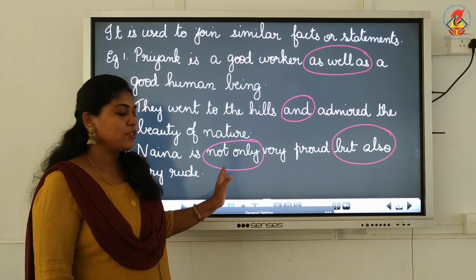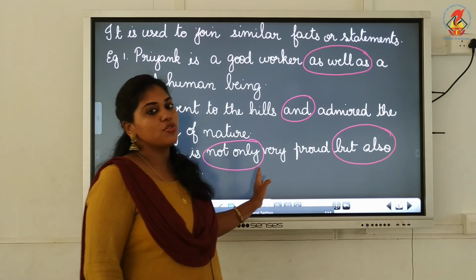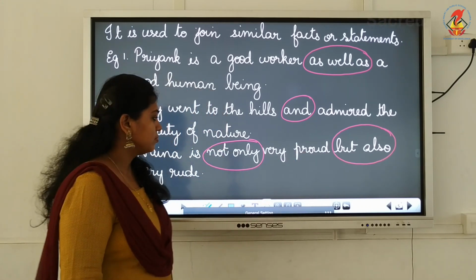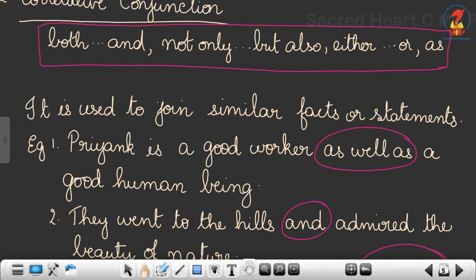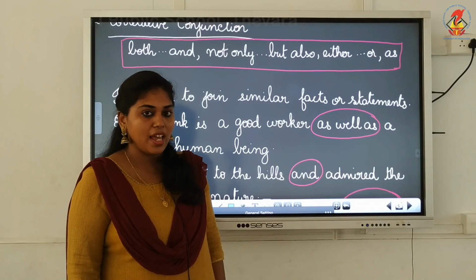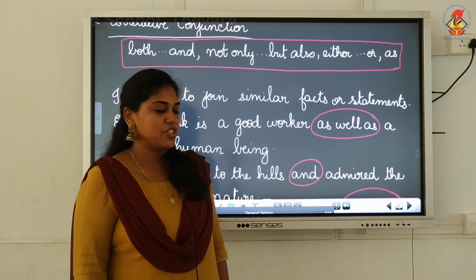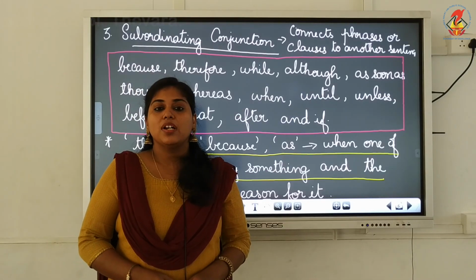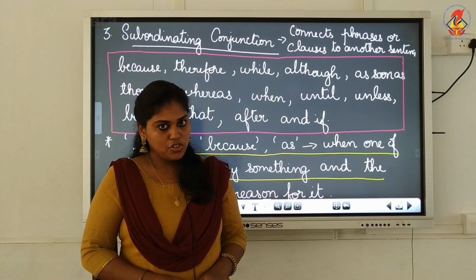So we have used the conjunction not only but also. Okay, so I'll just repeat which are the correlative conjunctions: both and, not only but also, either or, as. These conjunctions are called correlative conjunctions. Now the third one, which is subordinating conjunction.